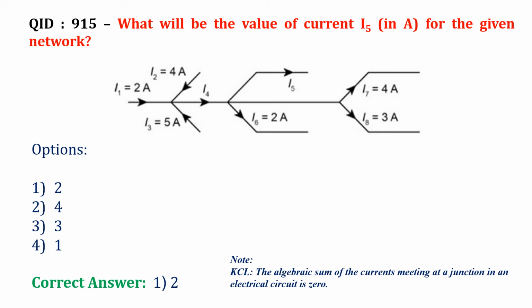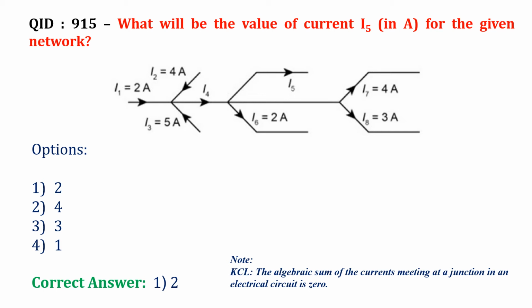So here 7 plus I6, 2 amps, totally 9 amps is already there. The total current is 11 amps, that is I4 is 11 amps. 11 minus 9 is equal to 2 amps. So I5 is equal to 2 amps.